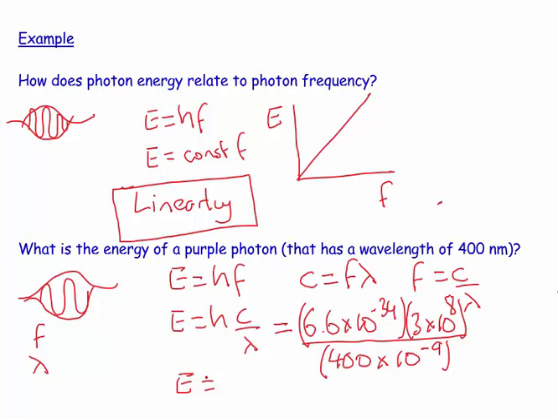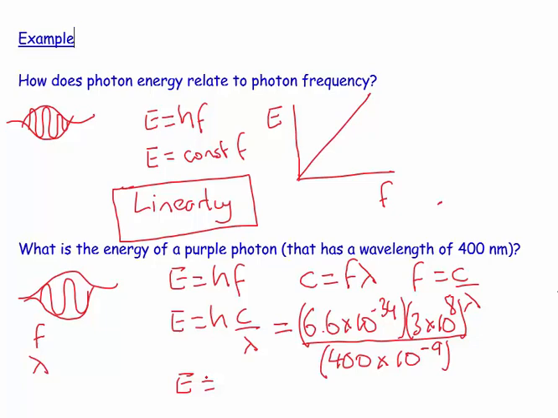6.6 EE to the minus 34, enter, times 3 EE to the 8, enter, divided by 400 EE to the minus 9, enter.